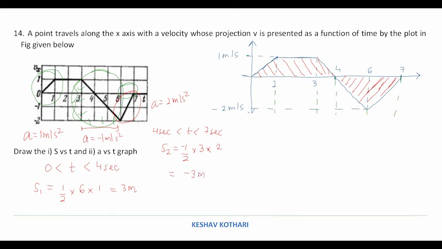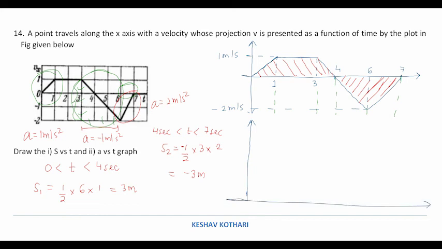So basically I can say that the displacement time graph is going to begin from 0 and end at 0, because the total displacement is coming out to be 0. So we don't have to care about the negative aspect.